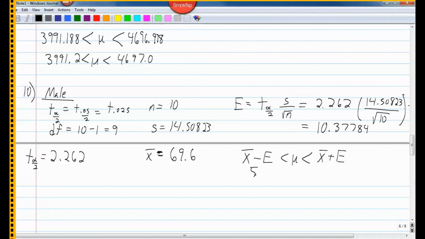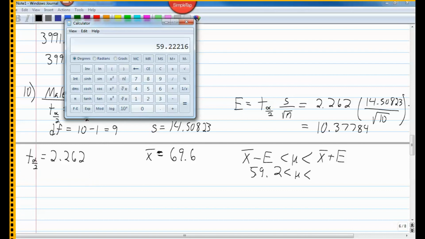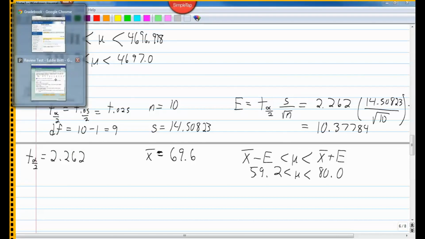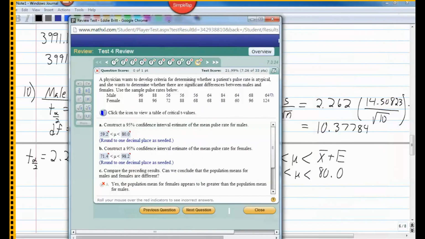So we say 69.6 plus, or I'm sorry, minus, we'll do that one first. The margin of error was 10.37784. I should probably see how many decimal places this problem wants me to round to. Looks like one more than the data set, I guess. So we'll round to one place. So this number here, the lower, is 59.2. And the upper is 69.6 plus the margin of error. Alright, and I'm going to round this to one place, so 80.0. Okay, let's look back at my problem, see if we got the right answer.